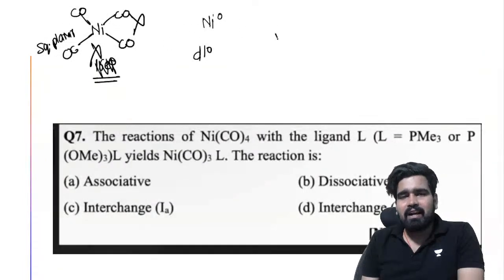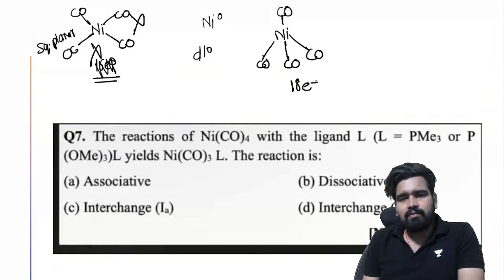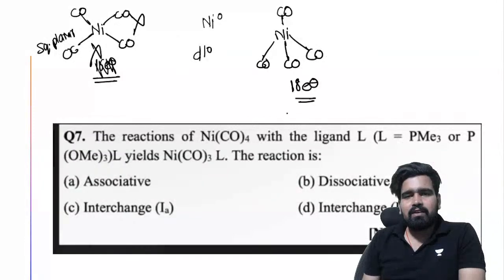We will show it like this. It has 18 electrons: nickel contributes 10 electrons, plus the electrons contributed by all 4 CO.